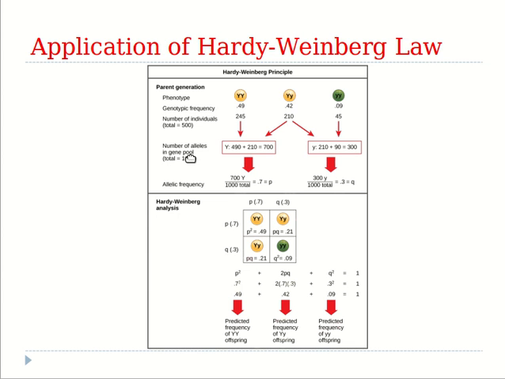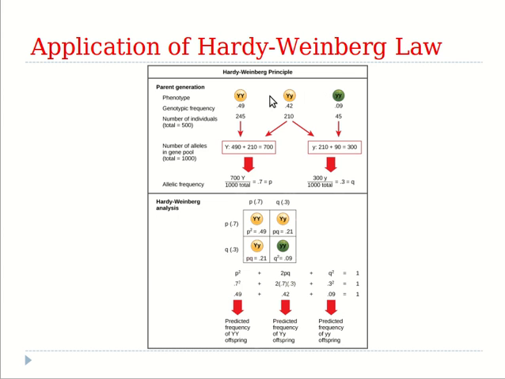Here you can see there are 3 genotypes: one is capital YY, second is capital Y small y, and third is small y small y.